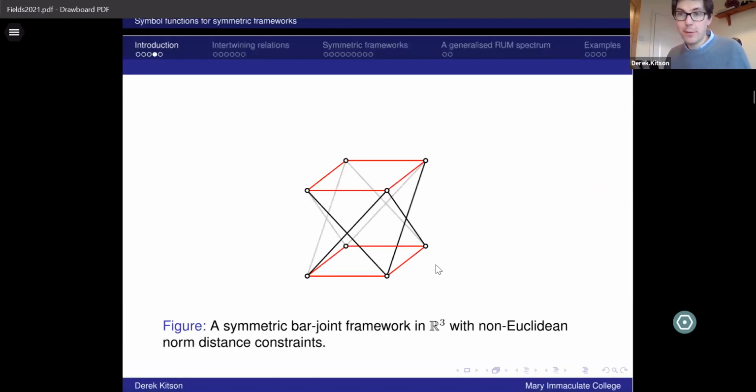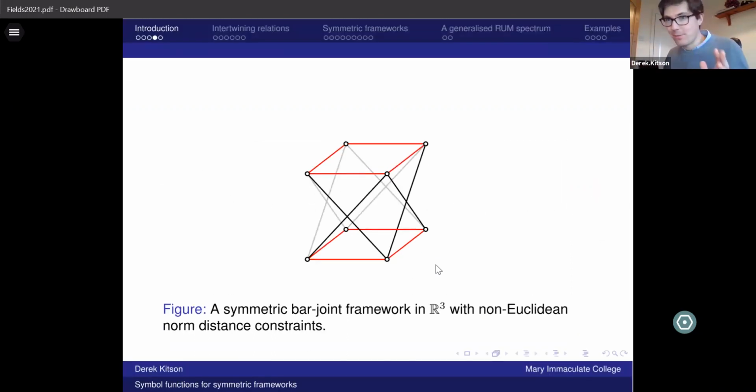And the third example is just a finite bar joint framework. Nothing too complicated here, but we could change those distance constraints. So imagine you took this bar joint framework. It lives in 3 dimensions. First of all, what kind of symmetry has it got? It's got a 4-fold rotational symmetry. It's also got a reflectional symmetry.